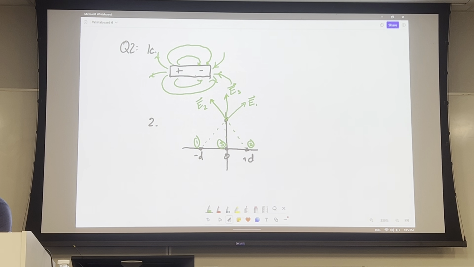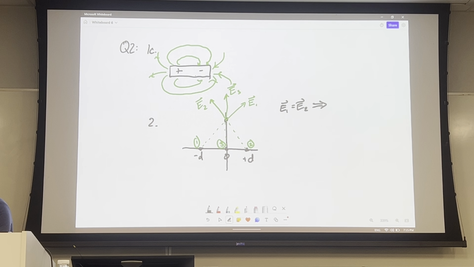Are there any simplifications that can be made? The E1 and the E2 are going to be the same. Can we be a little bit more precise than that, or can we extract something that might be very useful out of this?